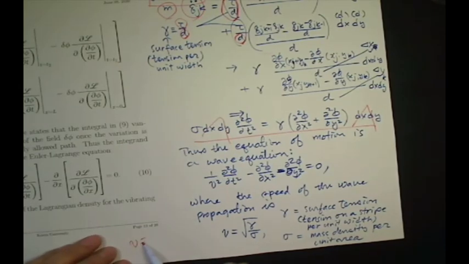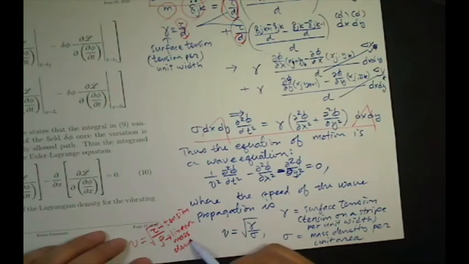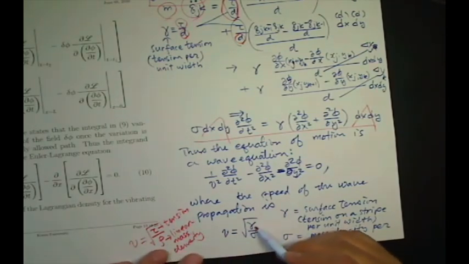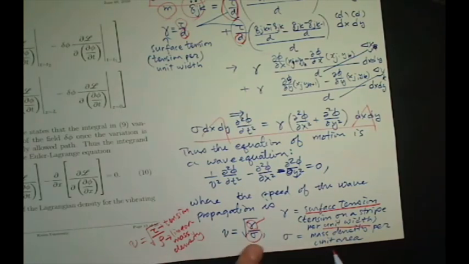In the case of vibrating string, it was tau over rho, where tau is tension, and rho was a linear mass density. However, in the surface wave, it is gamma over sigma. Gamma is a surface tension, the tension per unit width, and sigma is a mass density per unit area. That is different. Okay.